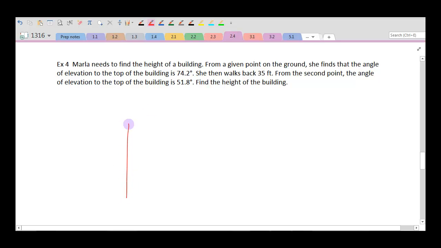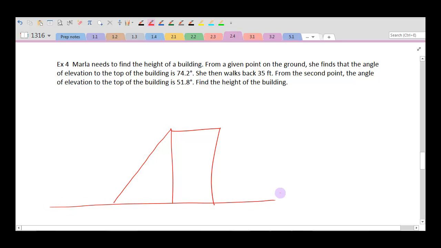So I'm going to start out by drawing my building. I'm going to scoot my building over a little. I have a building here, and here's my horizon, or the ground, and I know that it's 74.2 degrees from some point up to the top of the building. Then she walks back 35 feet. So she steps back here.